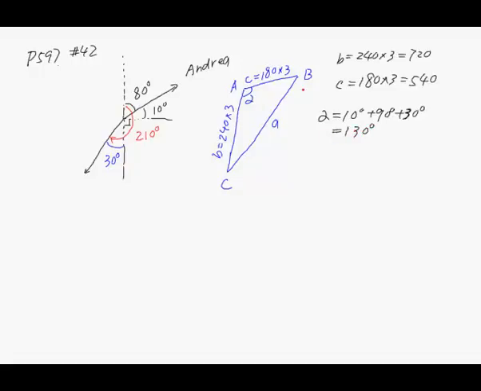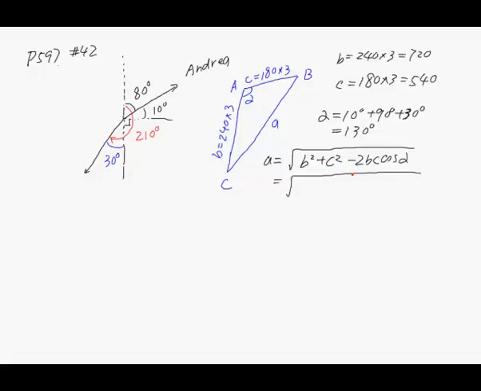So right now, in this triangle, we know the two sides and the one included angle. Then we can use the law of cosines to find the length A. So A is equal to the square root of B squared plus C squared minus 2BC times cosine alpha.